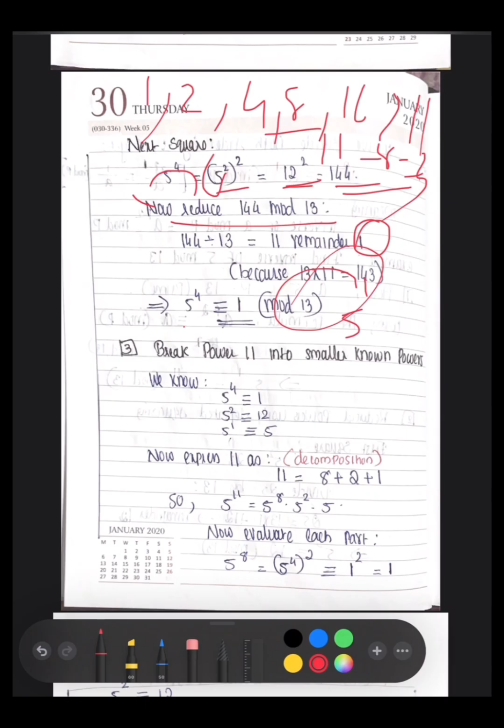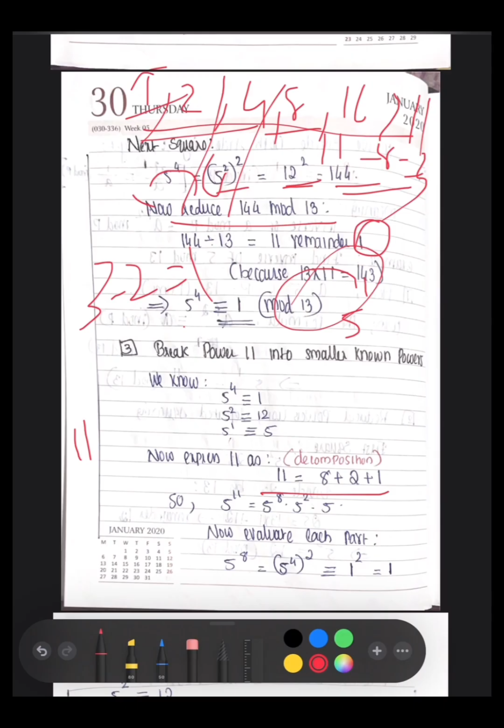Again choose powers of 2 less than or equal to 3. We stop at 2. 3 minus 2 equals 1. Again the remaining is 1, so we take the 1. So in our decomposition, 11 equals 8 plus 2 plus 1.